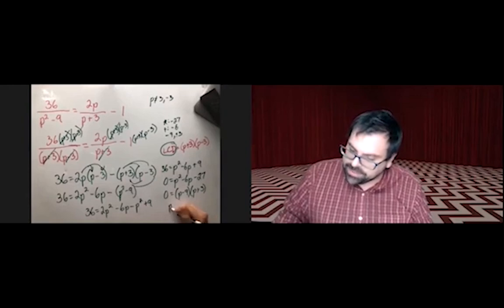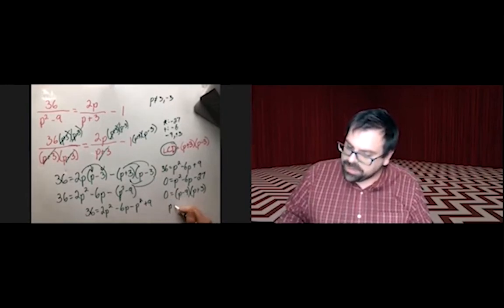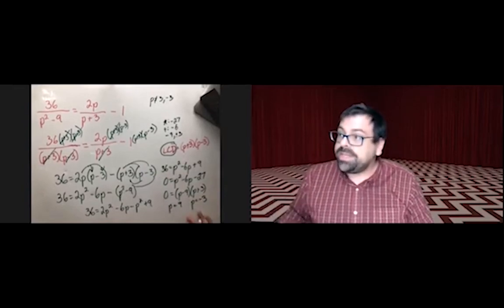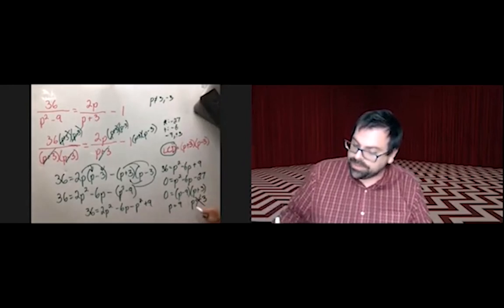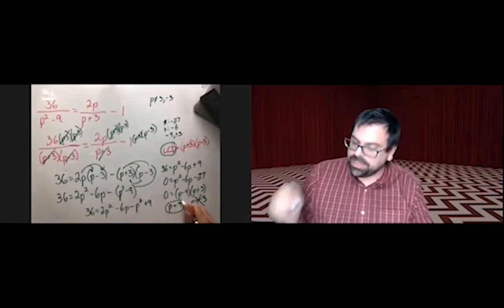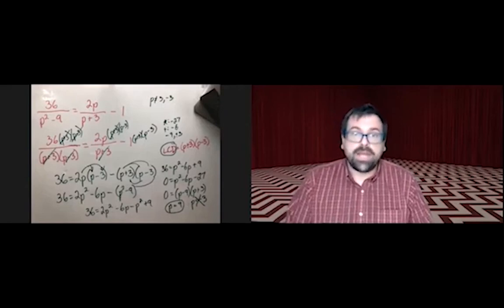Which means I get answers of 0 equals p minus 9 gives me p equals positive 9, and 0 equals p plus 3 gives me p equals negative 3. One of these is not allowed. We weren't allowed the negative 3. So the only answer is p equals positive 9.